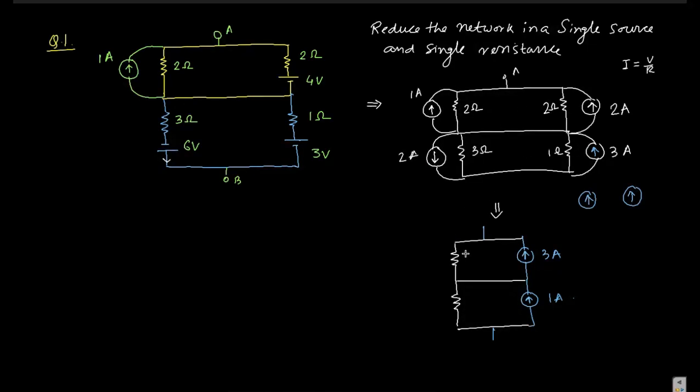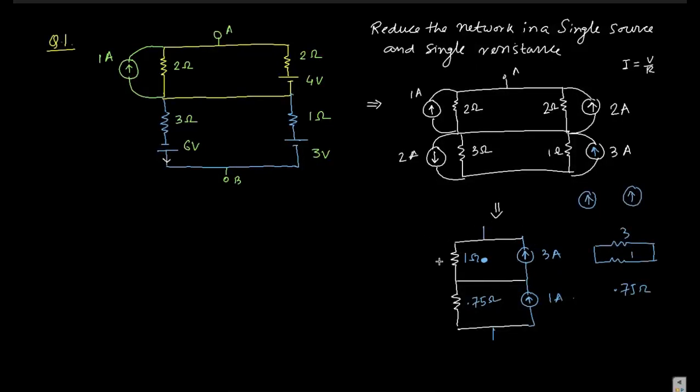It means the effective resistance is 1 ohm, and here 3 ohm and 1 ohm are parallel. What is the equivalent resistance if the 3 ohm and 1 ohm are connected in parallel? 3/4, sir. That is 3/4 ohm, 0.75 ohm. The 0.75 ohm is the effective resistance.